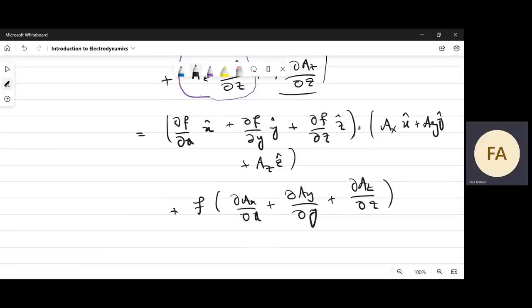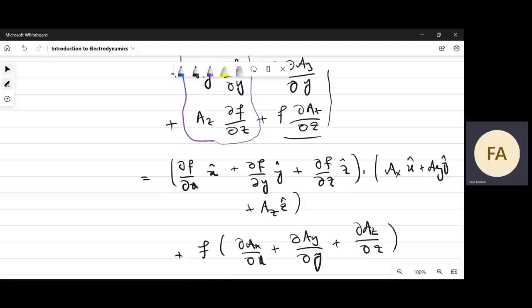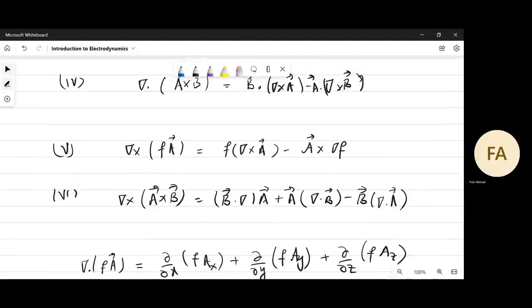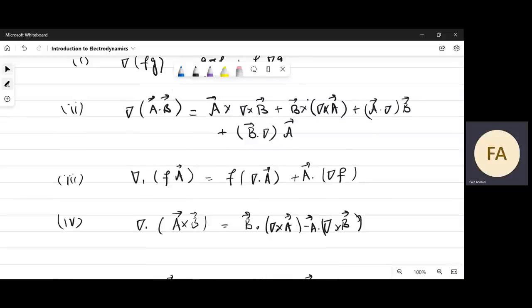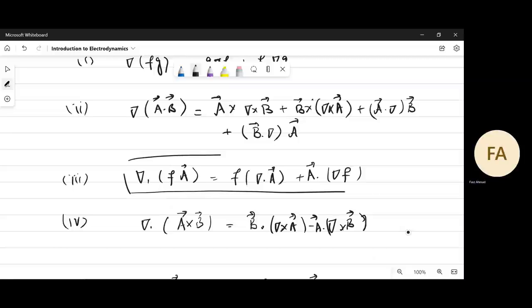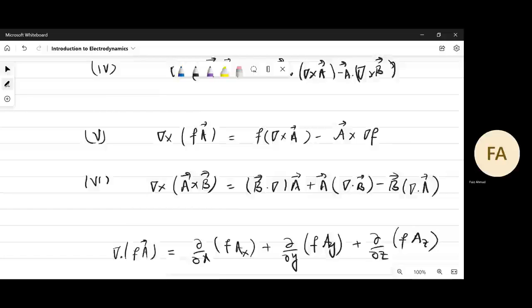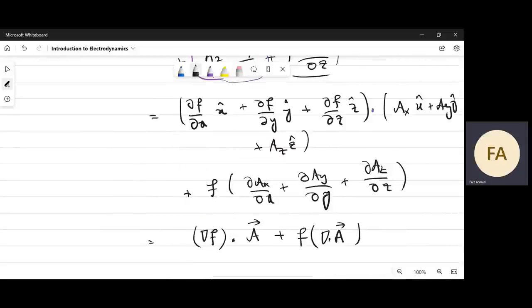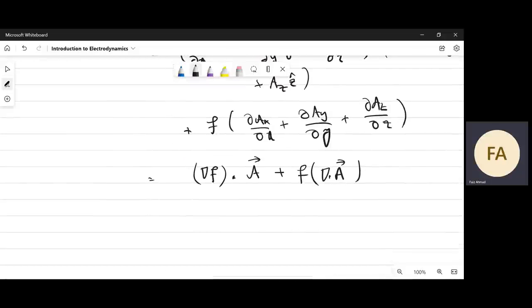So this thing is del f dot A plus f del dot A. So that's what we have in the formula: f del dot A plus A dot del f. All the formulas can be proved this way.